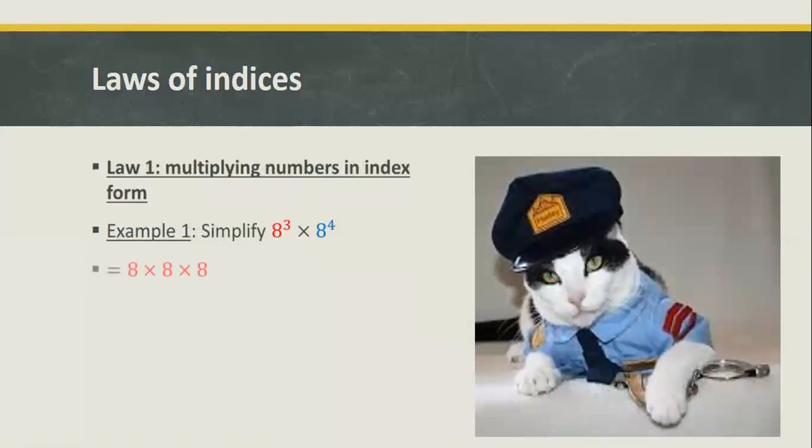Since we have 8 raised to the power of 3, we express this 8 in 3 places. That is 8 times 8 times 8, and then times 8 times 8 times 8 times 8, since we have 8 raised to the power of 4.